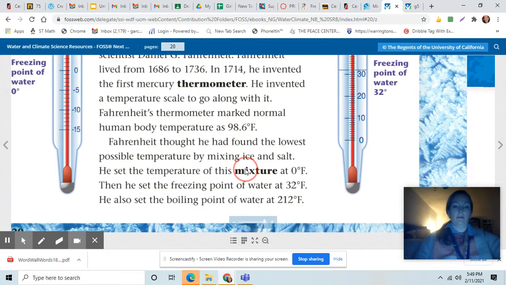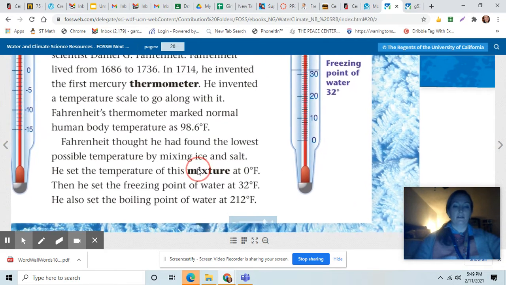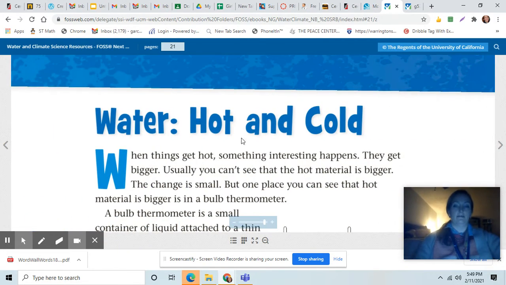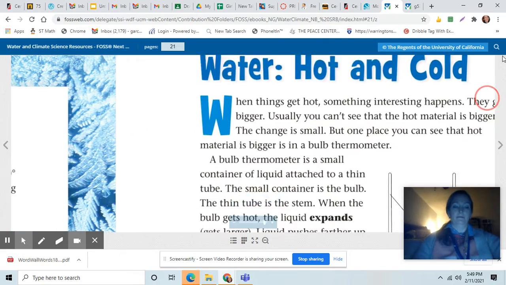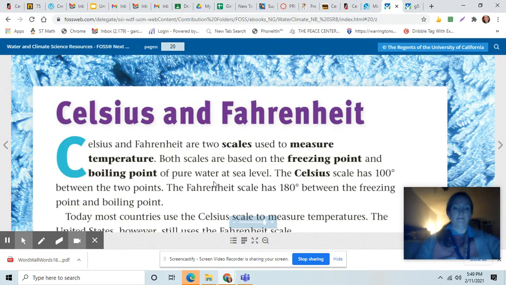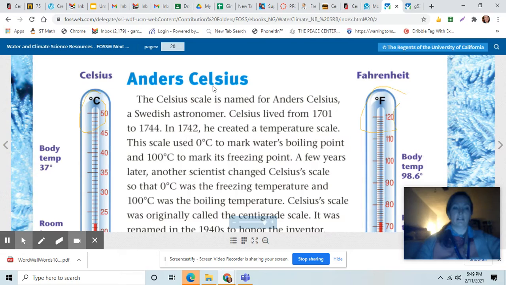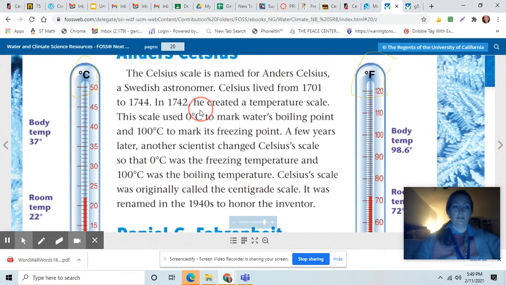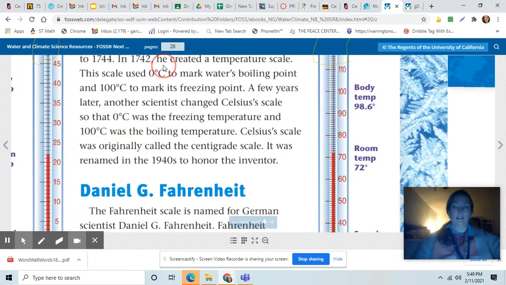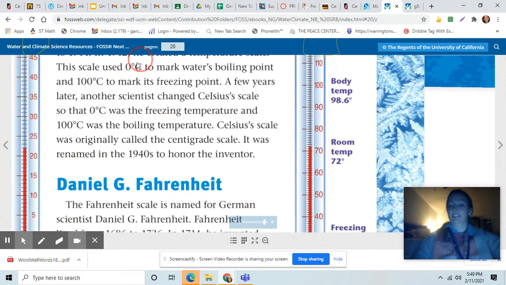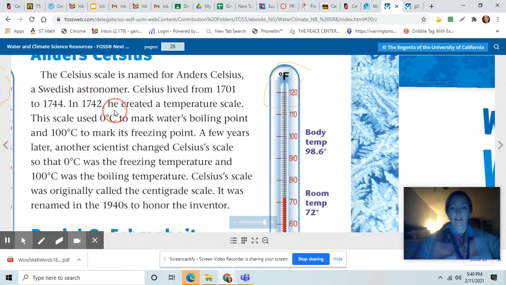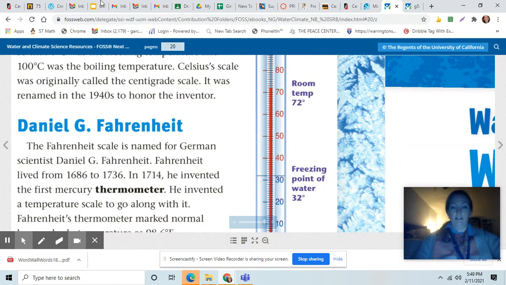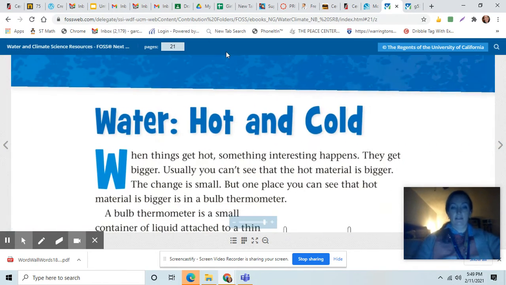He also set the boiling point of water at 212 degrees Fahrenheit. So let's take a look. So body temperature, the scale is from 0 to 100 degrees Celsius, and the Fahrenheit is looking from a different scale.